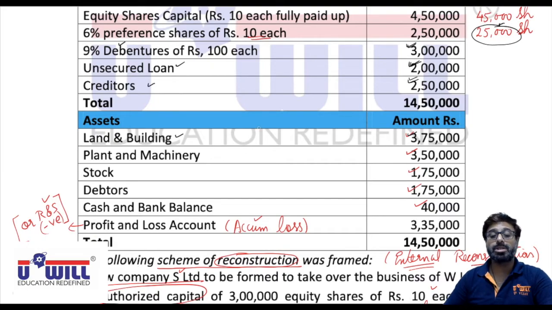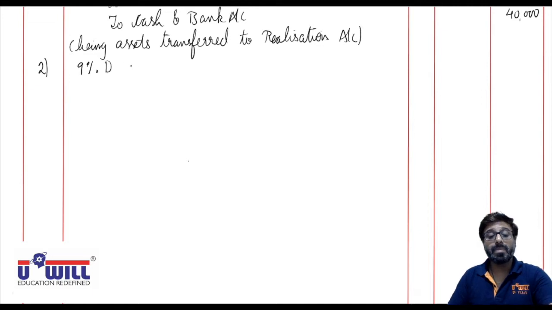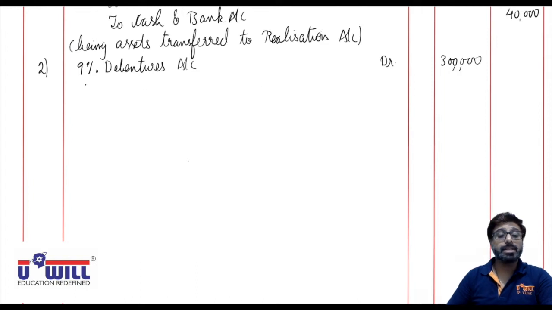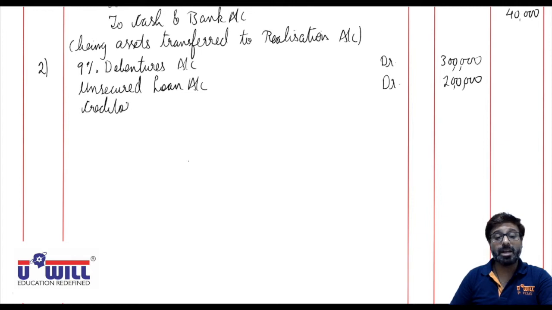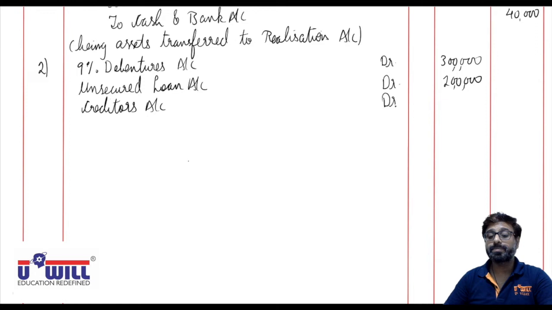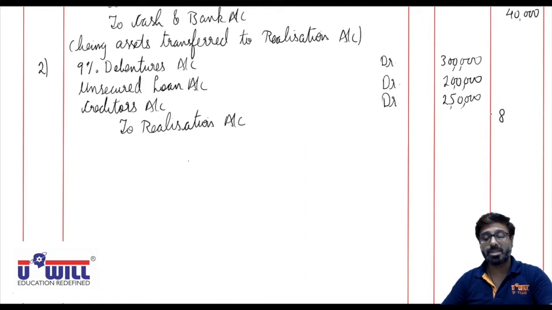Creditors account debit 2,50,000, to realization account. 3 plus 2, 5, plus 2.5, 7 lakh 50,000.